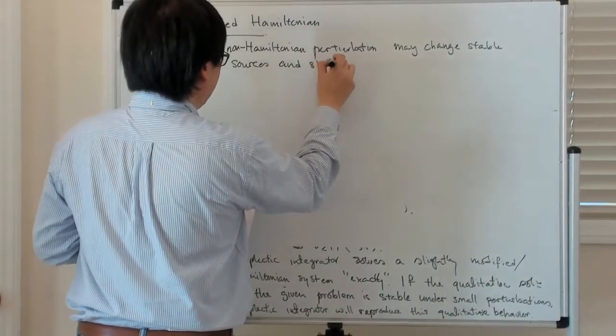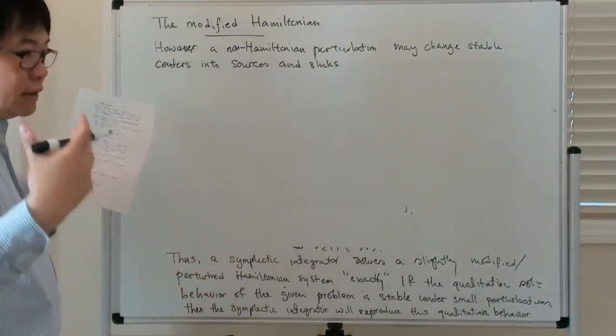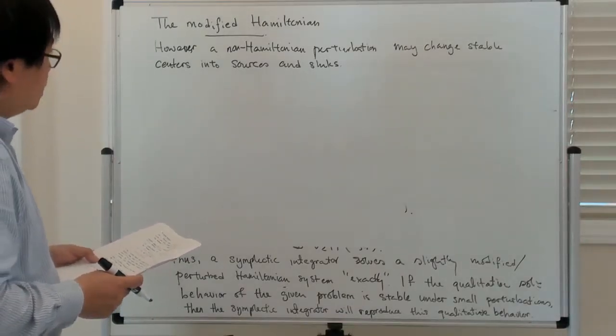So the fact that you have a Hamiltonian perturbation is helpful because it's again a more restrictive class of perturbations to the dynamical system.